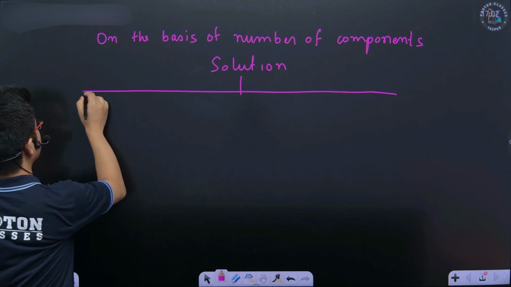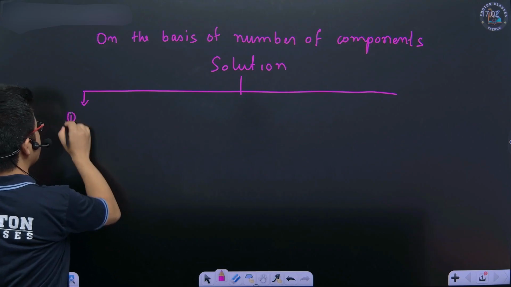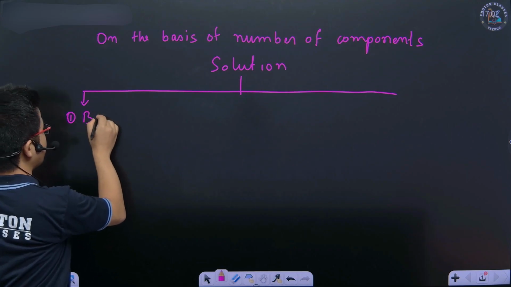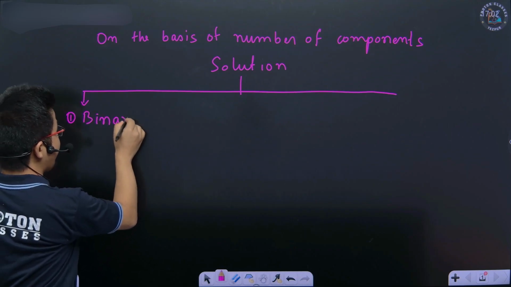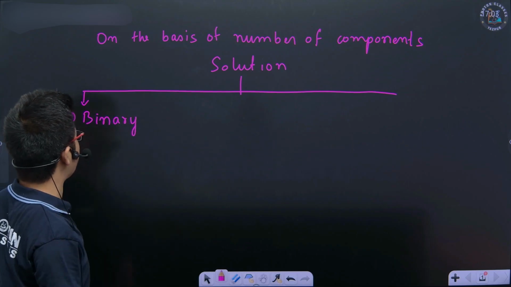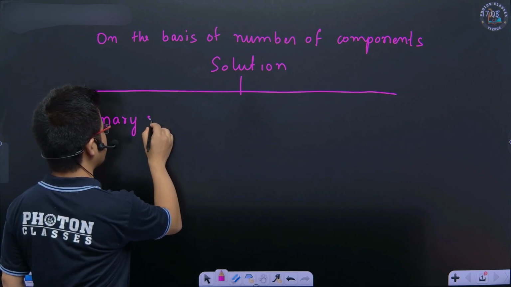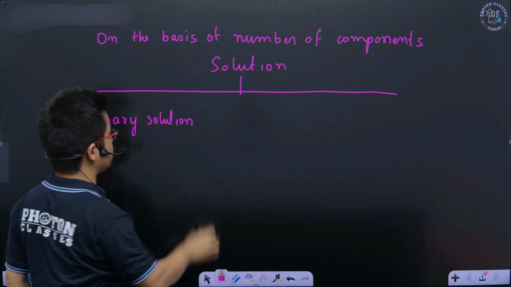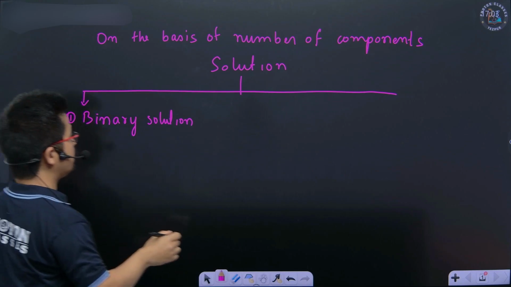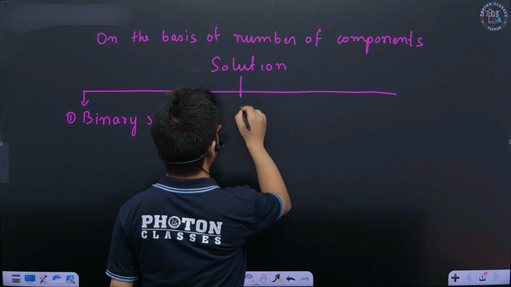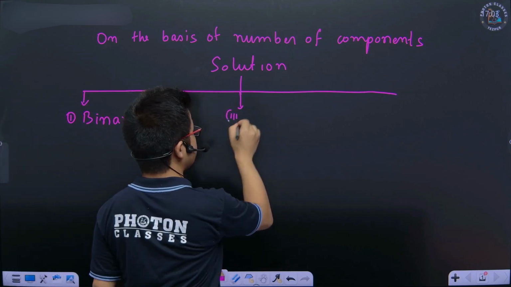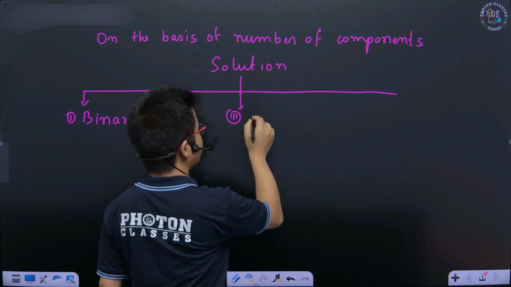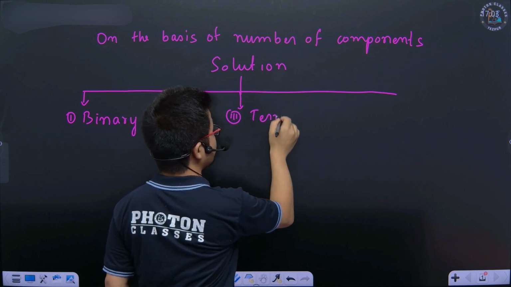So the minimum number of components is the case where there are two pure substances, and that solution is called a binary solution. Similarly, if there are three pure substances, it is called a ternary solution.